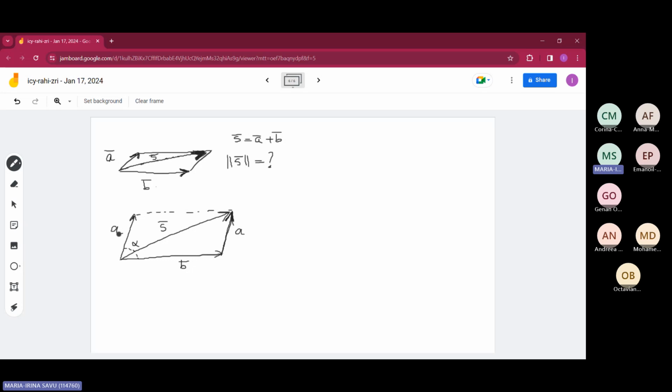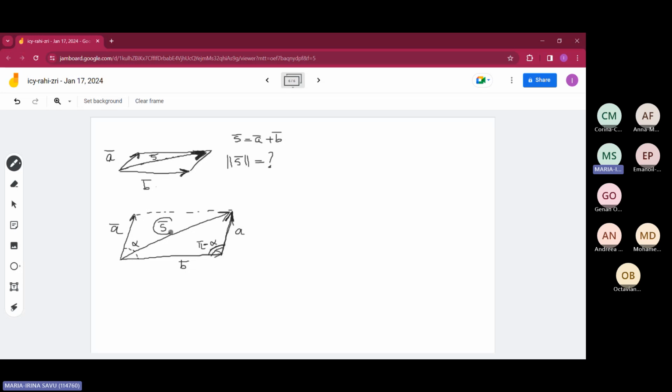Alpha is the angle between A and B. But I need this angle because I'm going to work with this one in this triangle. And this angle is pi minus alpha, right? Because this one plus this one is pi. So this angle here is pi minus alpha.